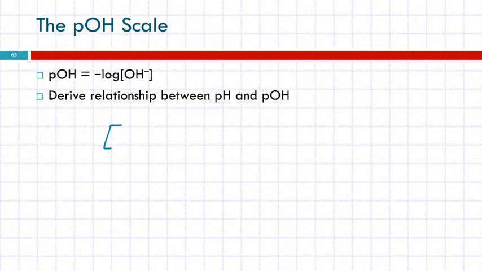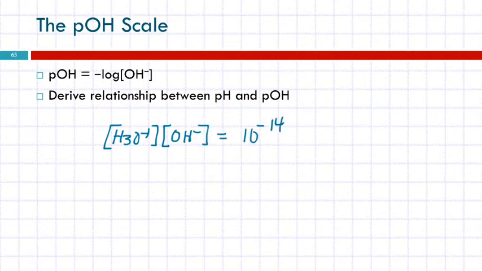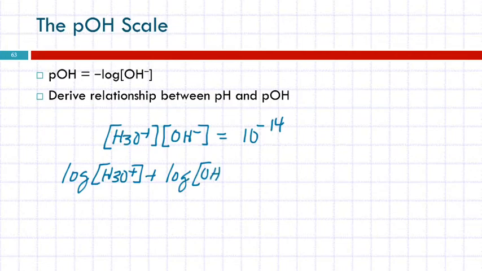So we know that hydronium ion concentration times hydroxide ion concentration is equal to 1 times 10 to the minus 14, right? If I take the logarithm of both sides, I get the log of H3O plus the log of hydroxide ion is equal to negative 14.